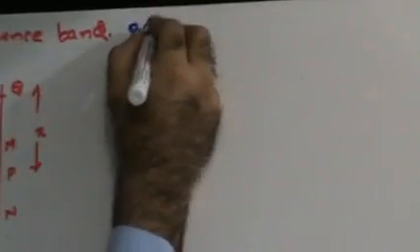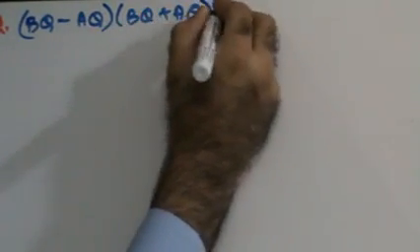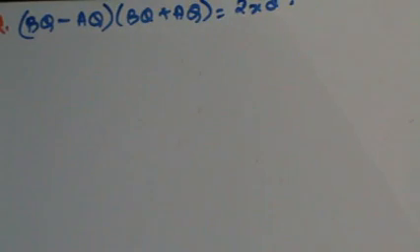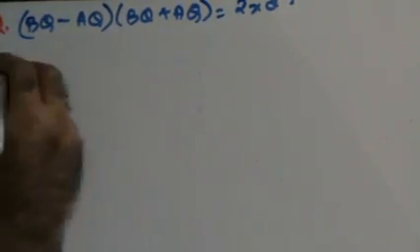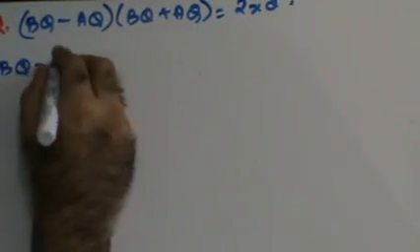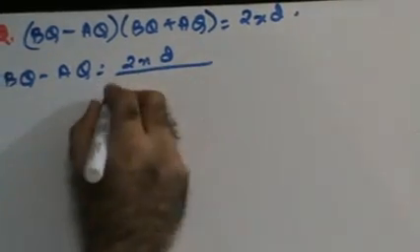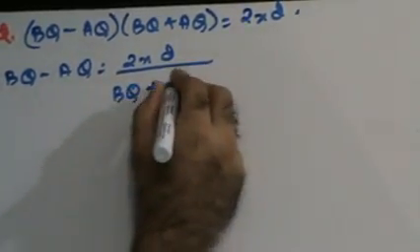This can be written as (BQ − AQ) into (BQ + AQ) is 2xd. Once I have this, I can say that BQ minus AQ is nothing but 2xd upon BQ plus AQ.